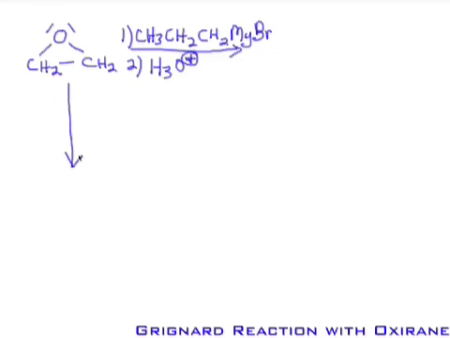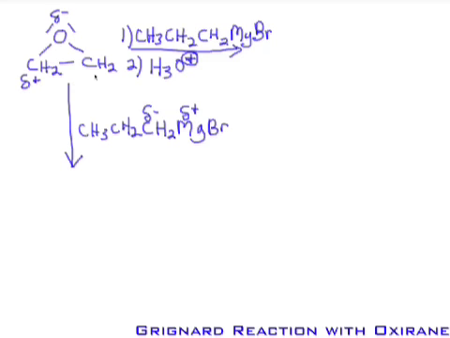Well, the propyl magnesium bromide, as usual, has a delta minus on carbon, delta plus on magnesium. In the Oxirane, there's a delta minus on oxygen, so there are delta pluses on the carbons. And the delta minus of a Grignard is going to be attracted to one of those carbons.